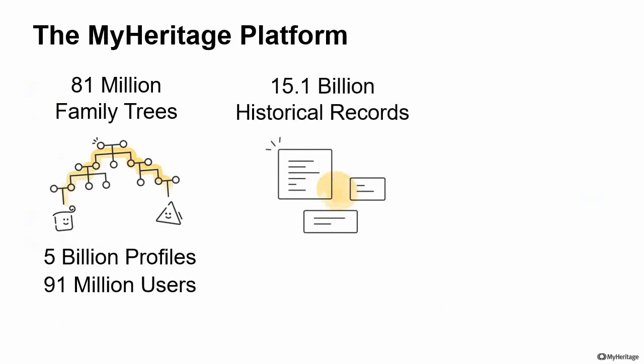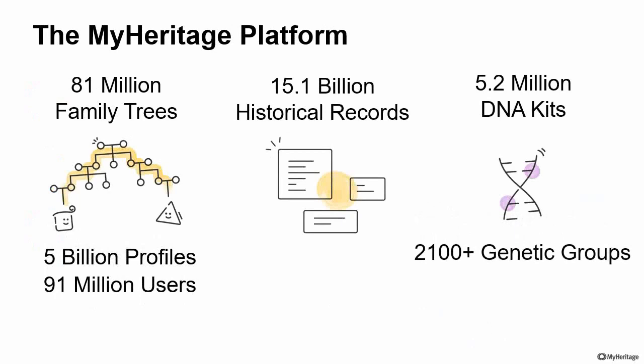Later on, we added records, and today we have 15.1 billion historical records. And the third leg of the company is DNA. Today the database counts 5.2 million kits that are both getting matches among themselves and also classified into genetic groups and ethnicity estimations.